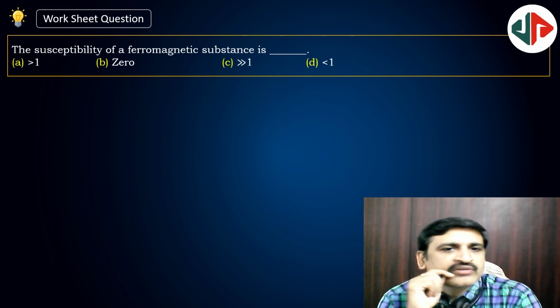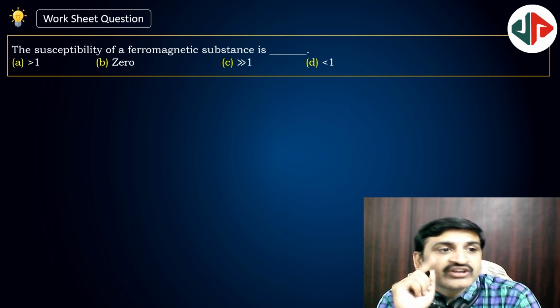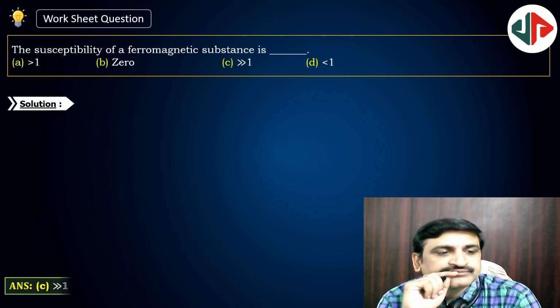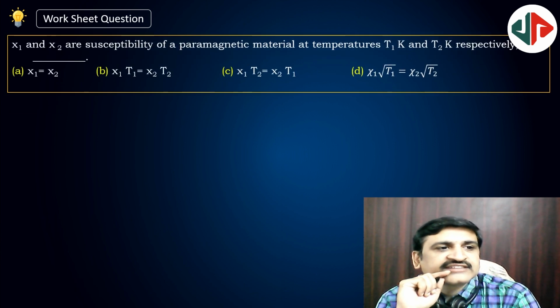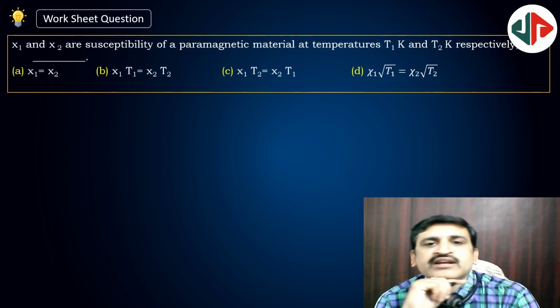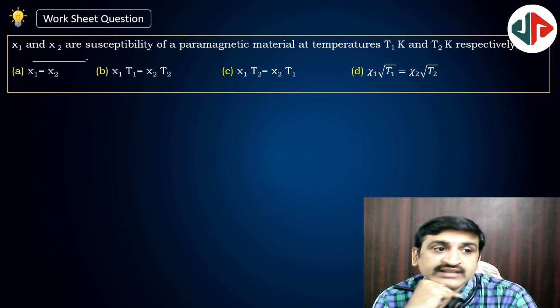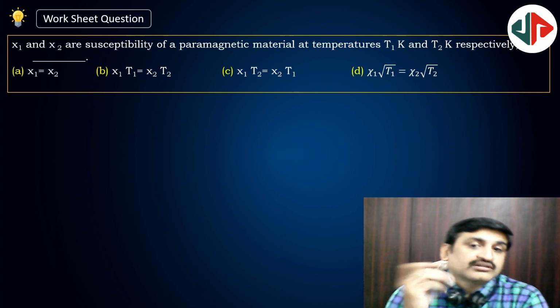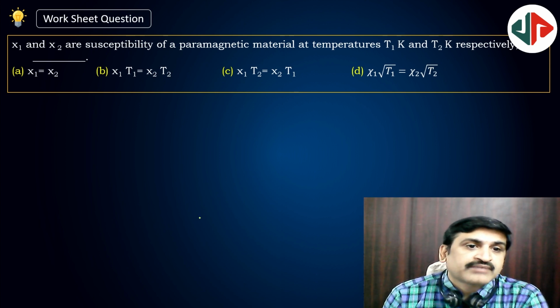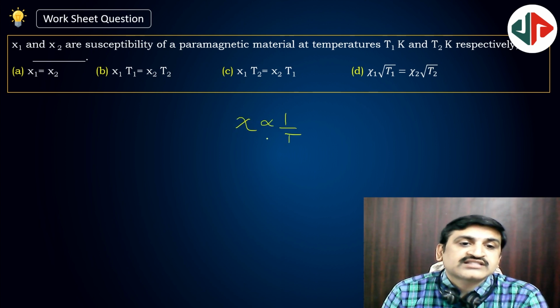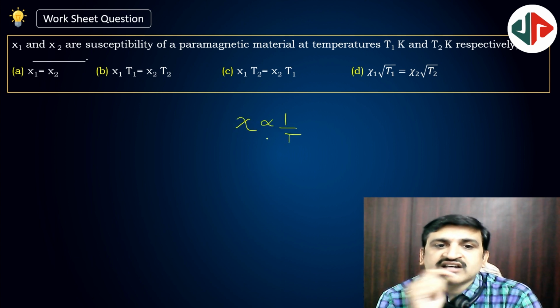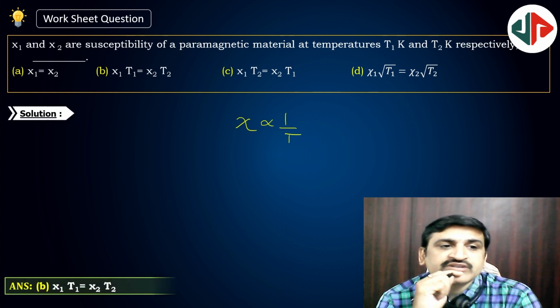Susceptibility of a ferromagnetic substance is very much greater than 1. Next, chi 1 and chi 2 are susceptibilities of magnetic materials at T1 and T2 respectively. Suppose it is paramagnetic, susceptibility is inversely proportional to T. That means chi T is constant. So chi 1 T1 equal to chi 2 T2.